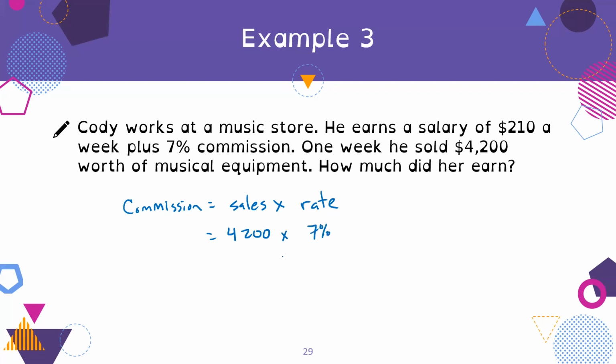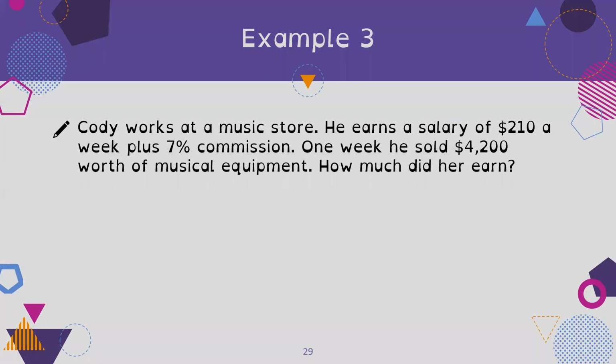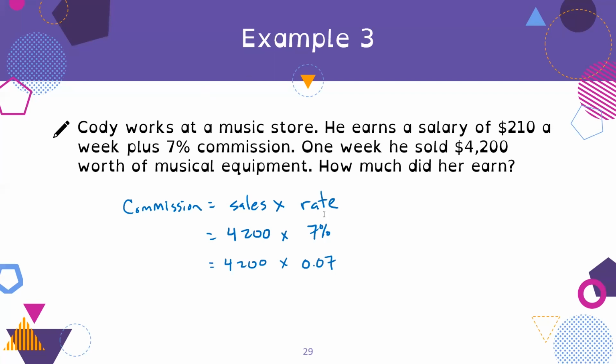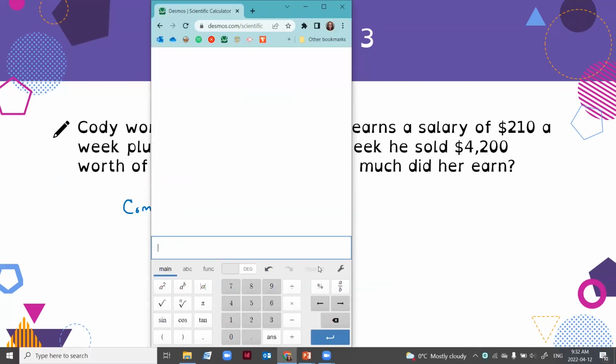Now on your calculator, you can do 4,200 times 7 and then hit the percent button and it'll change it automatically for some folks. But for most of us, we're going to do $4,200 times 0.07. Remember, 7% is 0.07. So, okay, my calculator, this one has a percent. So I put 7%.